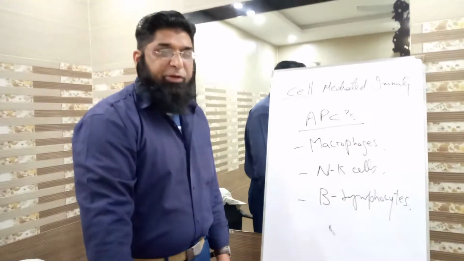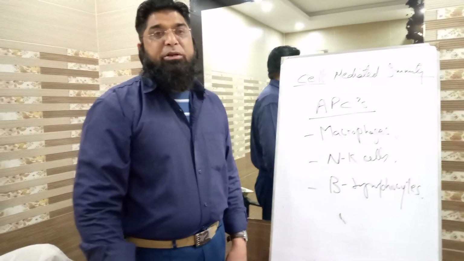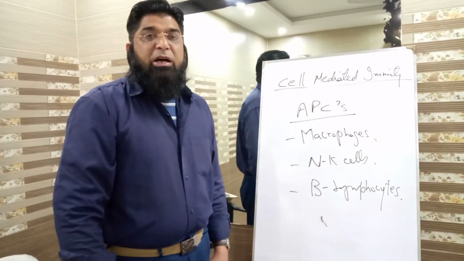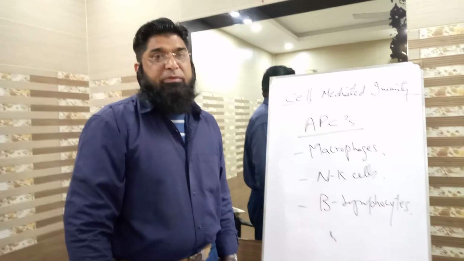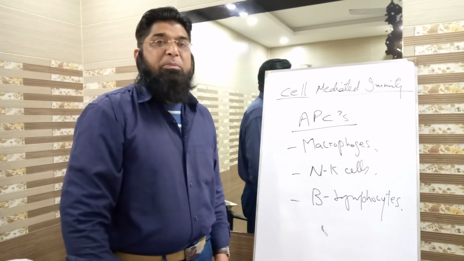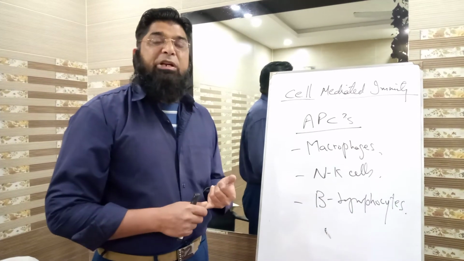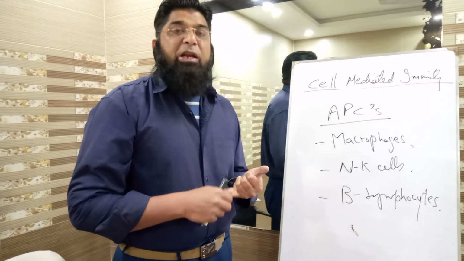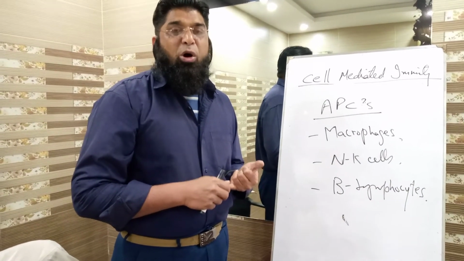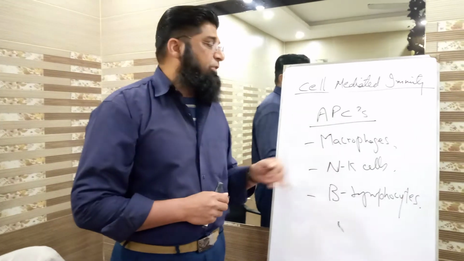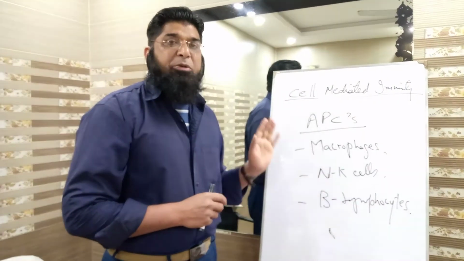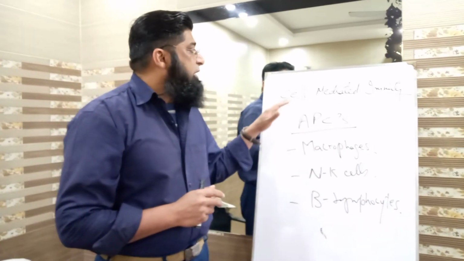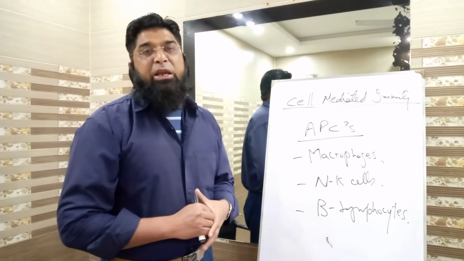Students, a very small point at this level is how to measure the immune status of the function. In very simple words, if the patient is having an effective delayed type hypersensitivity or type 4 hypersensitivity reaction, it means that the patient is having effective cell-mediated immunity in his or her body.